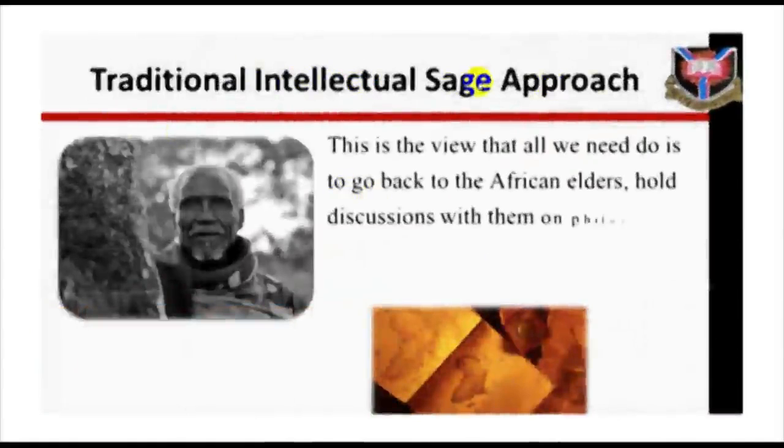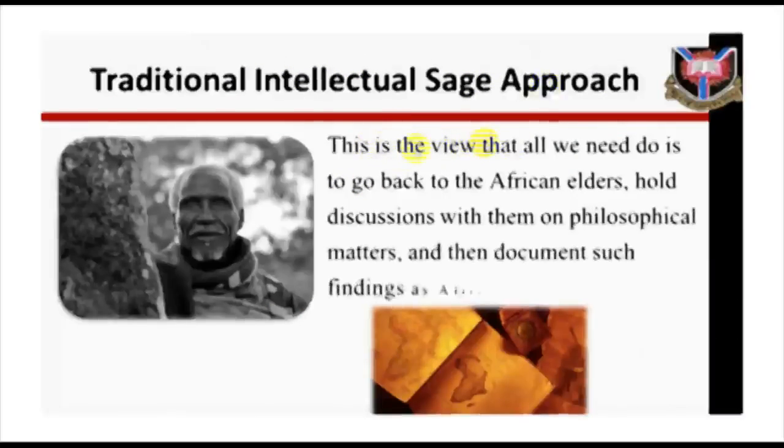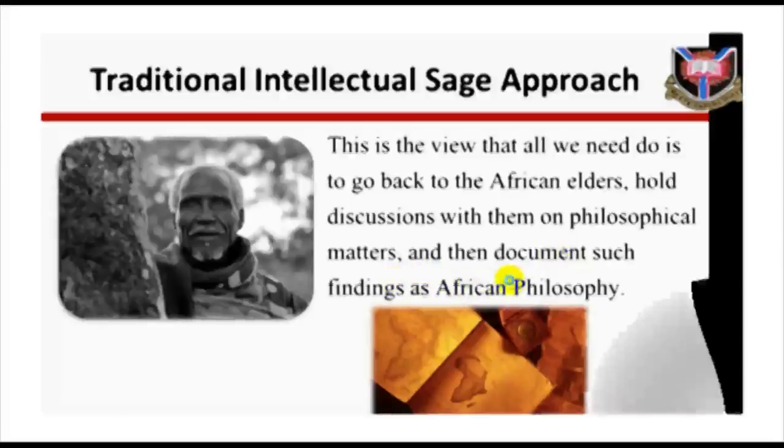Traditional intellectual search approach. The first approach or methodology adopted by African philosophers that we shall mention here is what may be called the traditional intellectual approach. According to those who hold the view that this is the best approach to African philosophy, all we need do is to go back to the African leaders, hold discussions with them on philosophical matters, and then document such findings as African philosophy.